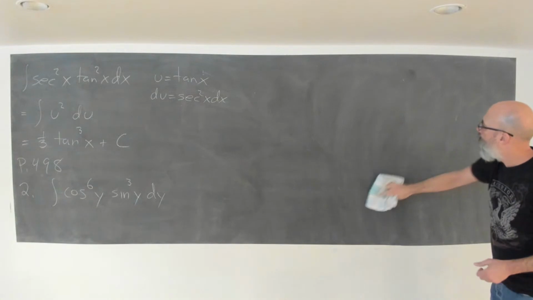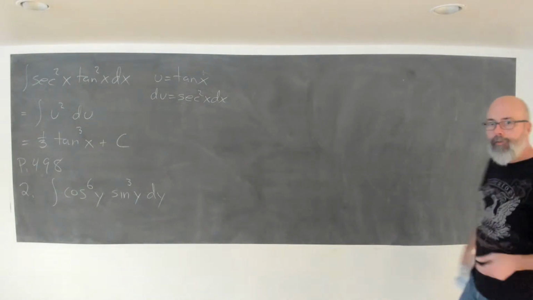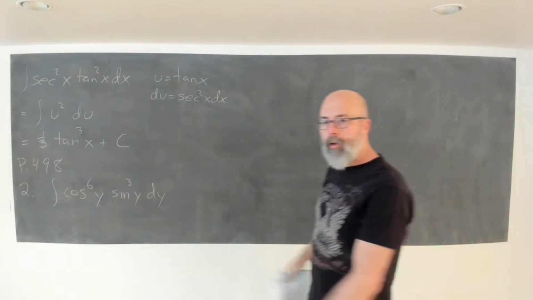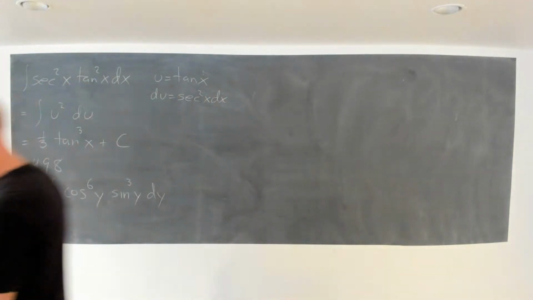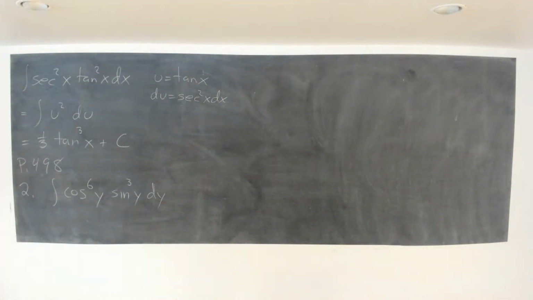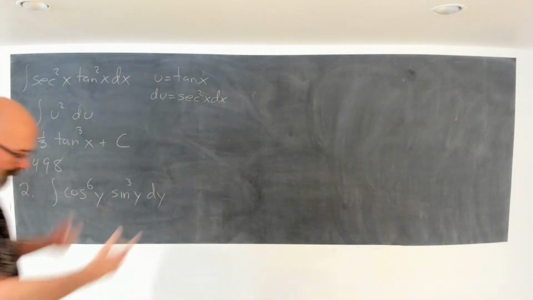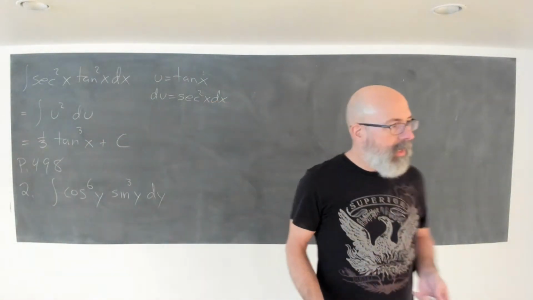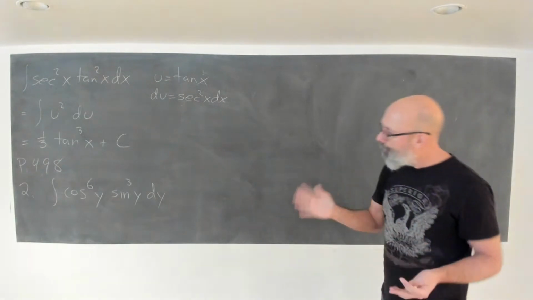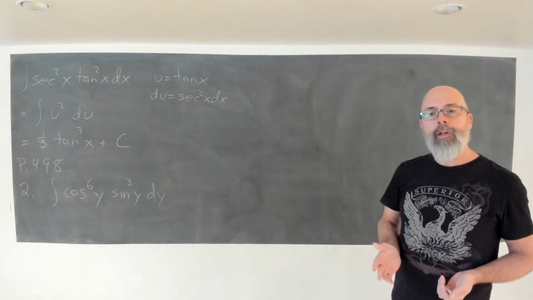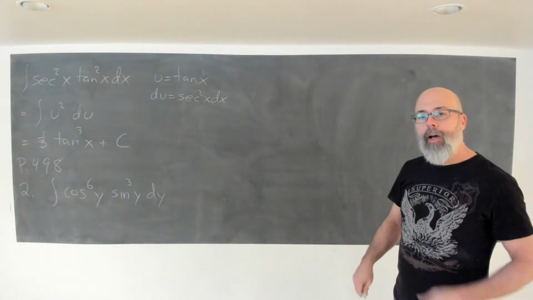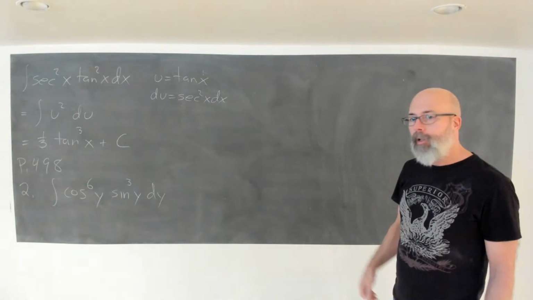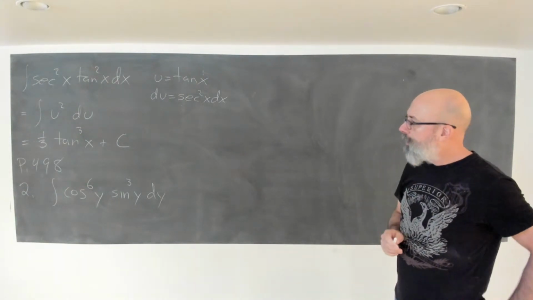Right, so the point of doing this other u substitution was to point out that sometimes you'll see an answer in the back of the book and it seems completely different. But they could very well be the same thing.